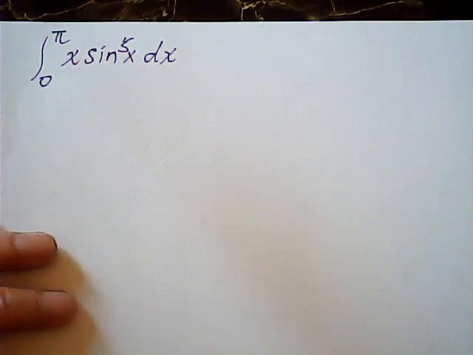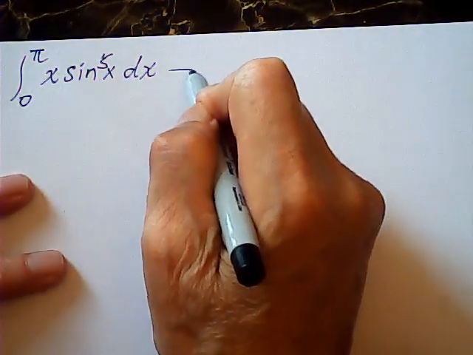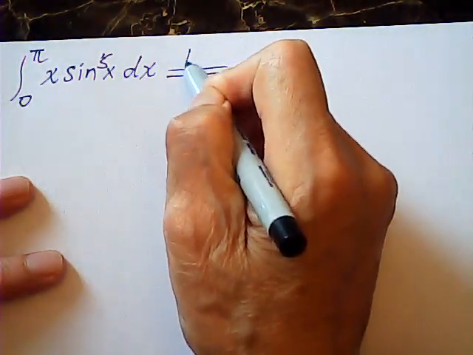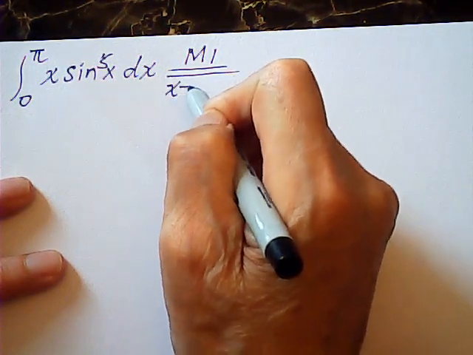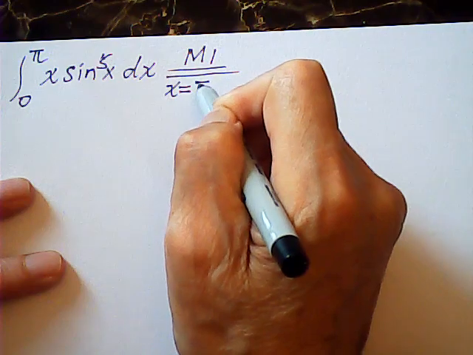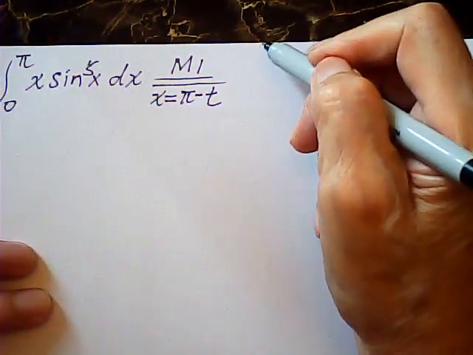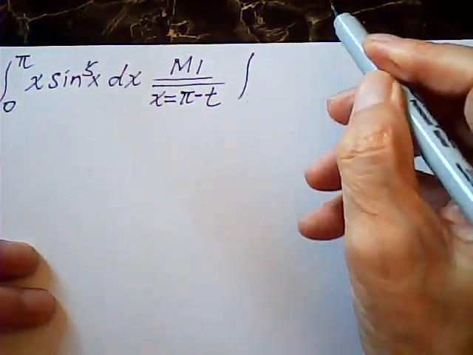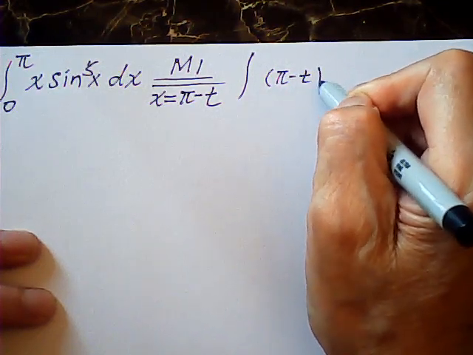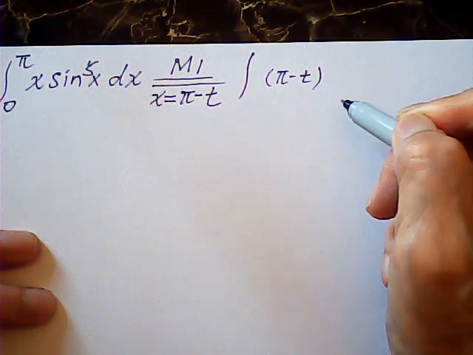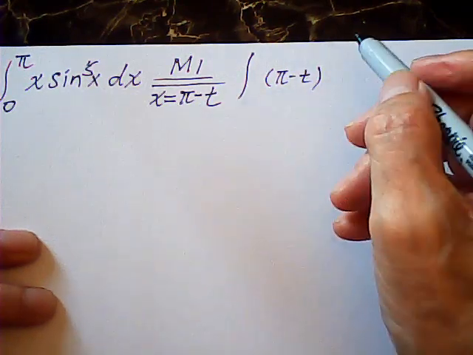Let me do this integral by two methods. Okay, the first method, method 1, I let x be pi minus t. So the integral becomes pi minus t, and sine pi minus t is the same thing as sine t.